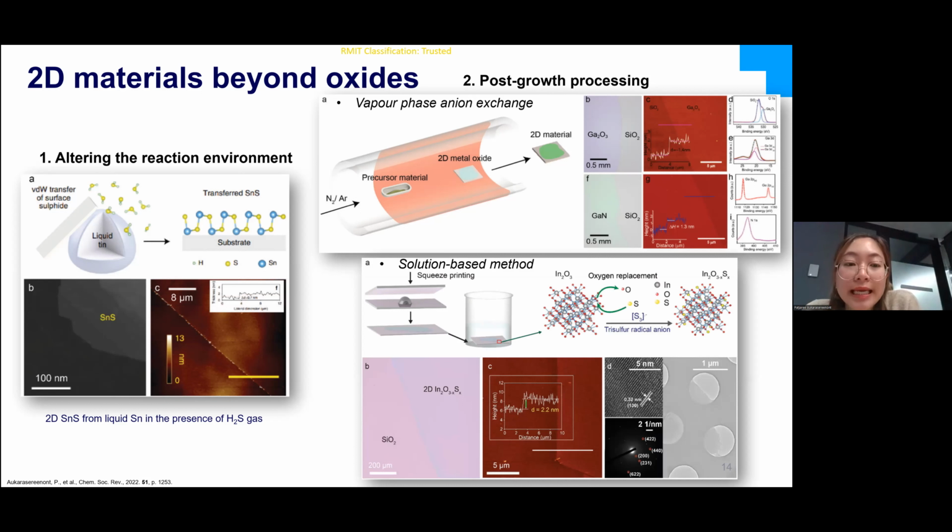The 2D indium oxide sheets were immersed in the trisulfur radical anion, which enables sulfur insertion into the indium oxide, resulting in partial oxide anion replacement at relatively mild conditions. Even so, complete sulfurization wasn't achieved. Metal oxysulfides are increasingly being studied for electronic applications and catalysis.